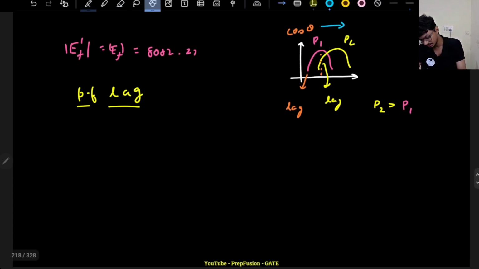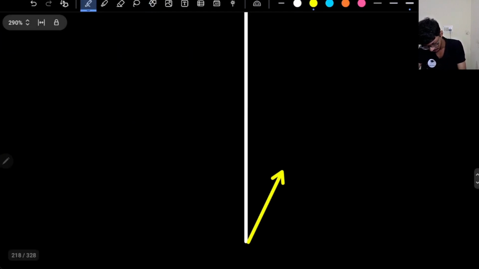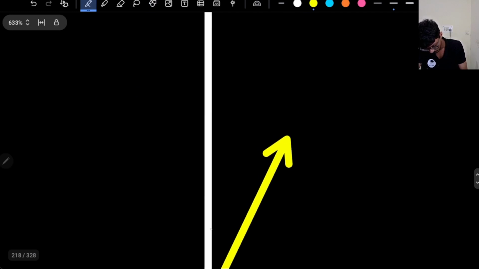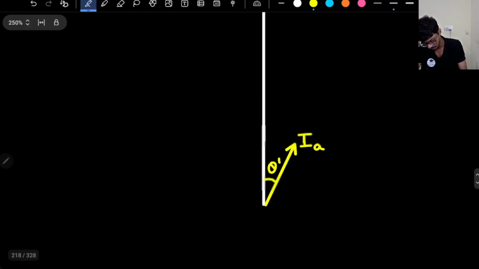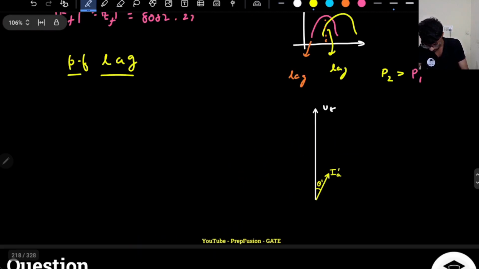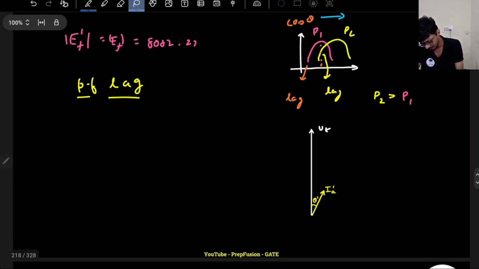Now let me draw the phasor diagram again. This is Vt. Power factor is lagging, so my Ia will be somewhere around here, and this will be my theta dash. This will be my Ia dash. What will be your EF?